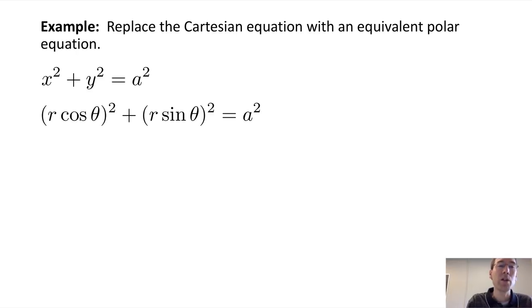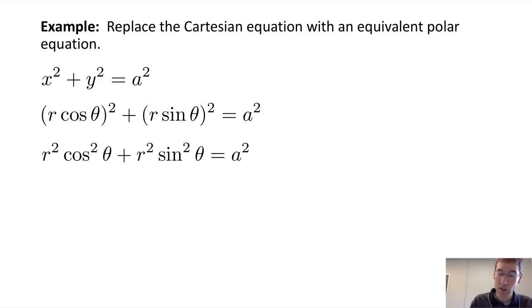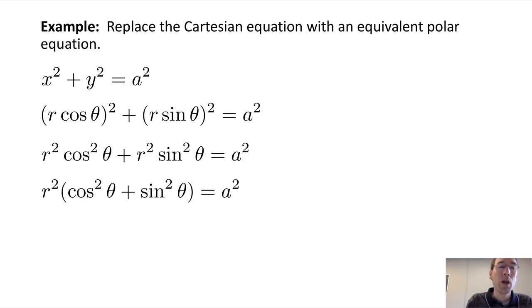Next, I'll square each term to get r squared cosine squared theta plus r squared sine squared theta equals a squared. Factor out an r squared on the left-hand side. And now replace cosine squared theta plus sine squared theta with 1 using the Pythagorean identity. So we have r squared equals a squared.